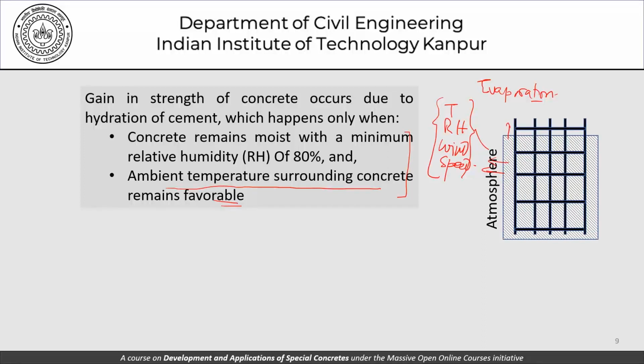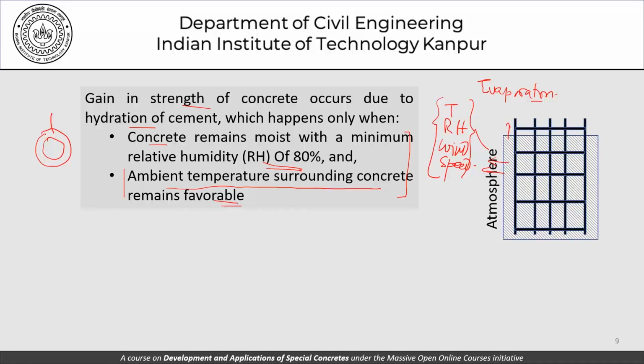Now, if evaporation was not allowed, things will be good for us as far as concrete is concerned, and that is what's being said here, that the strength development in concrete will happen, which is coming from hydration of cement, and that will be good only if the concrete remains moist with a relative humidity of more than 80%, which is a favorable condition for the hydration reaction which we saw just now to move forward. That is a cement particle with hydration products here.